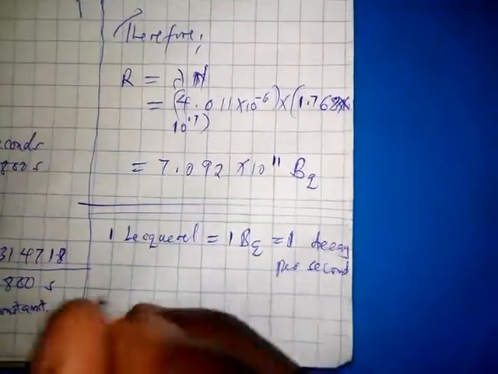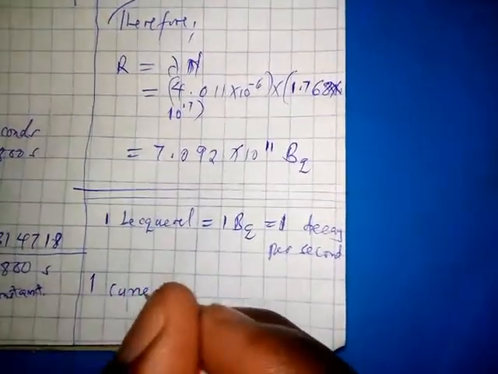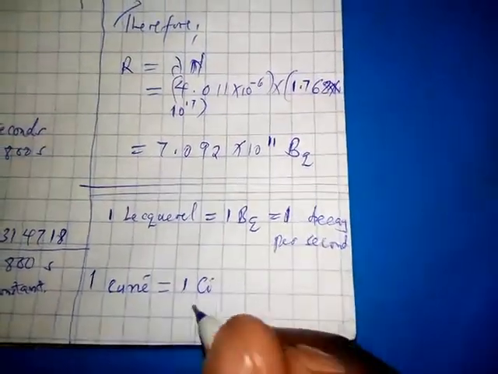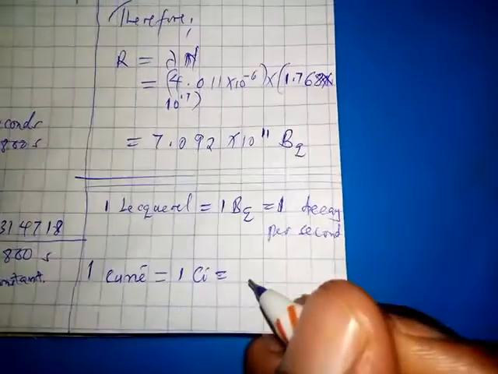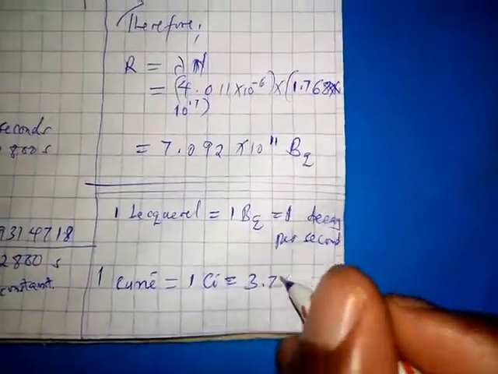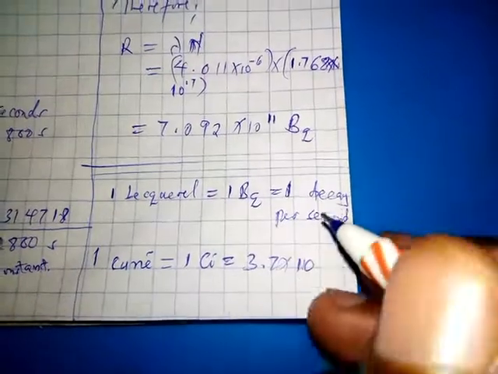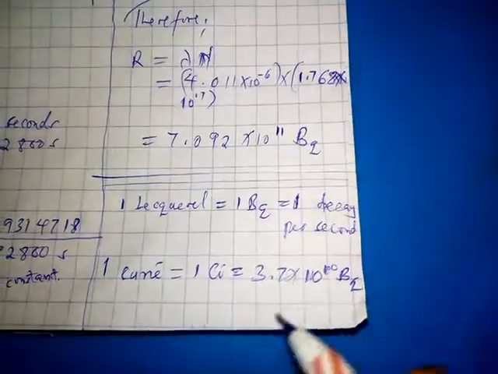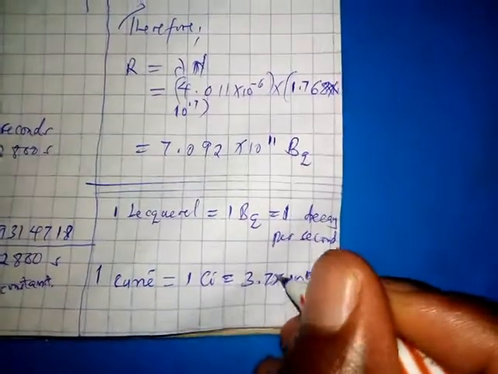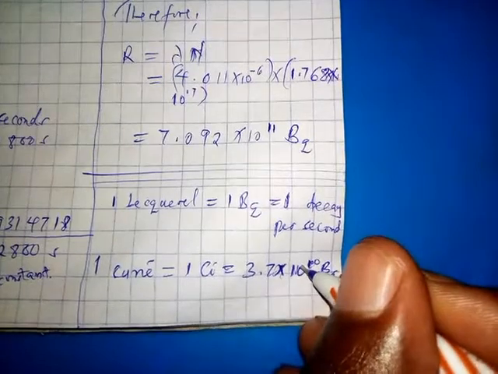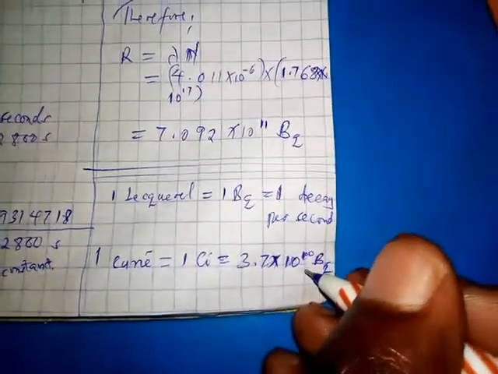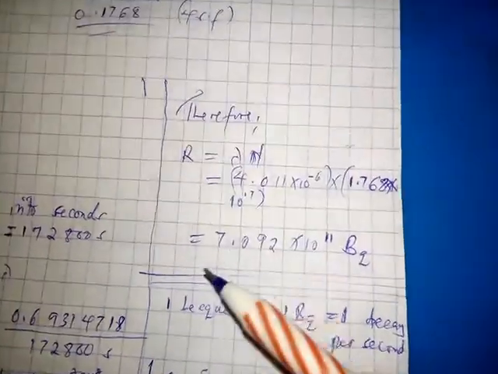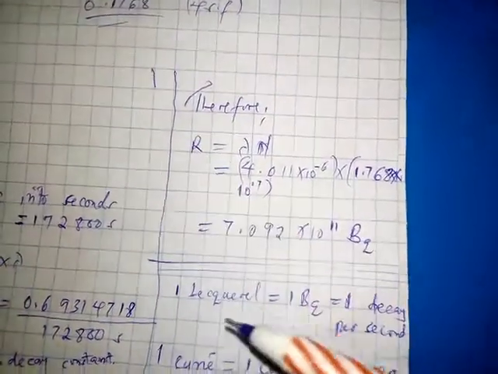Remember, 1 Curie, 1 Ci in short form, is equals to 3.7 times 10 raised to power 10 Becquerel. But the SI unit for activity is Becquerel.